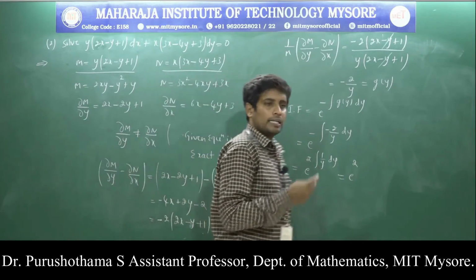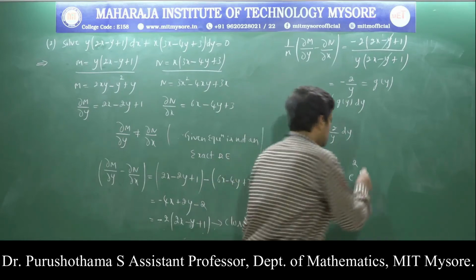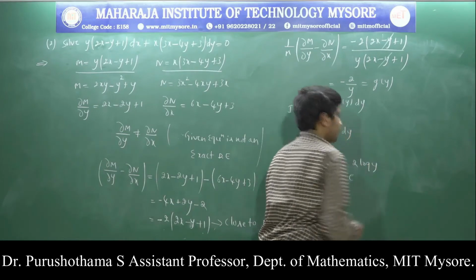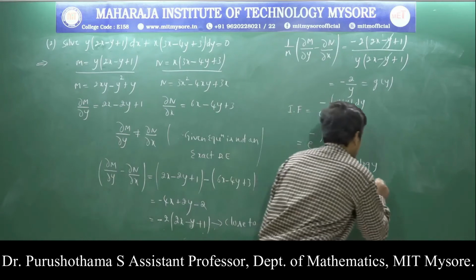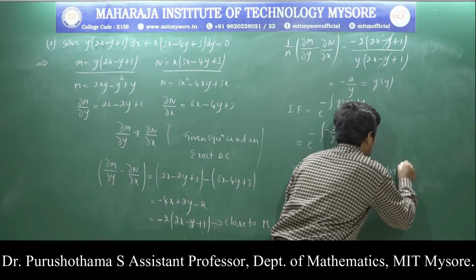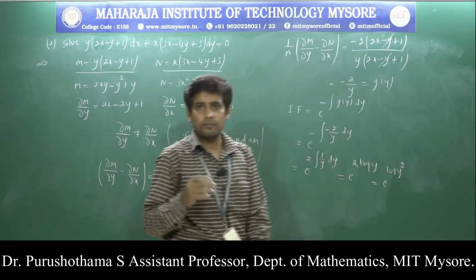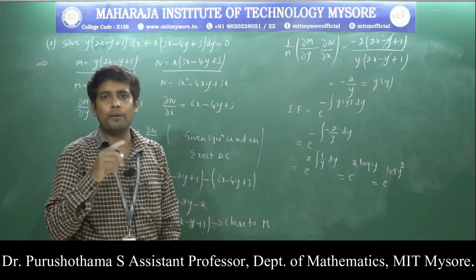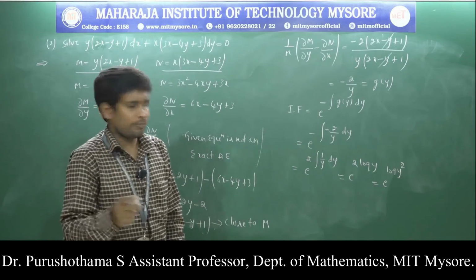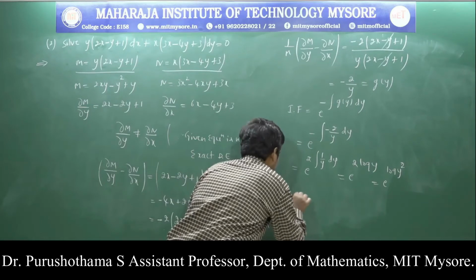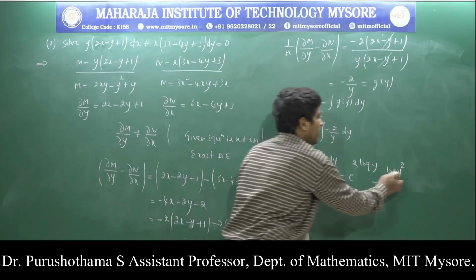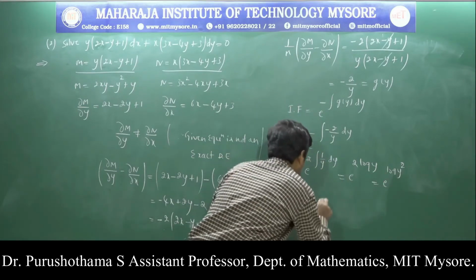We know that the integration of 1 by y with respect to y is log y, so this is the same as e power log y square. By using the properties of logarithmic function, log m power n is nothing but n into log m, so the integrating factor is equal to e power log y square, which is nothing but y square.